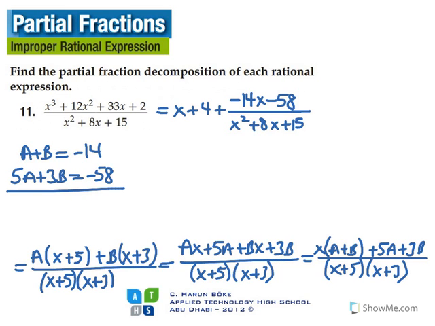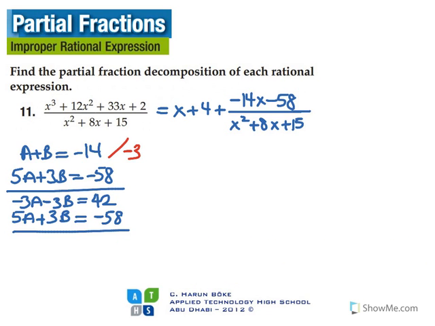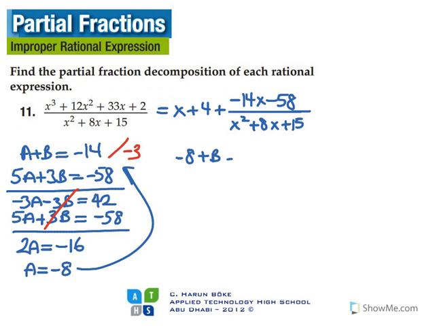So I have to solve this, so I have to multiply this by minus 3, hence I will have the following, and from here I have these cancelled and 2a to be minus 16, which means a equals minus 8, and if I substitute here in the first equation, it will be minus 8 plus b equals minus 14, so b will become minus 6.